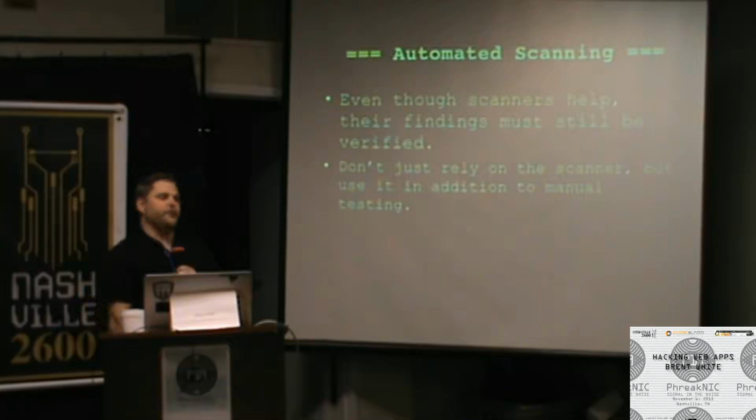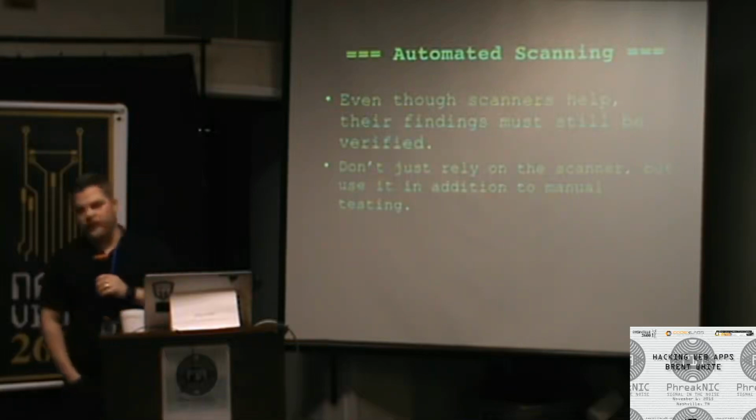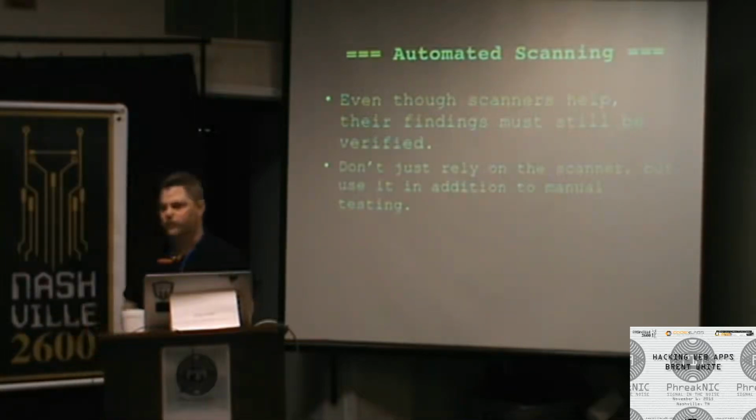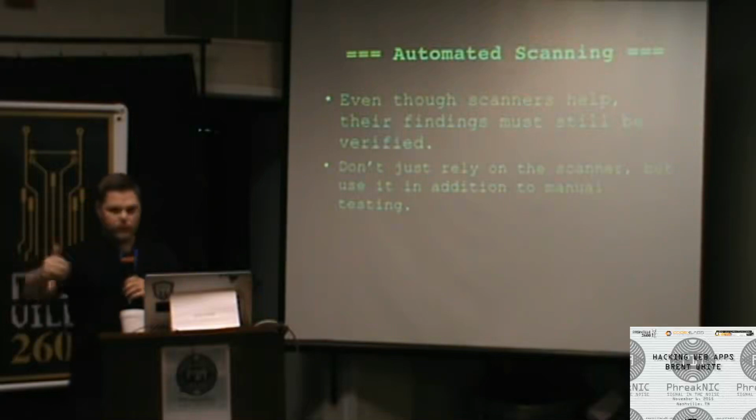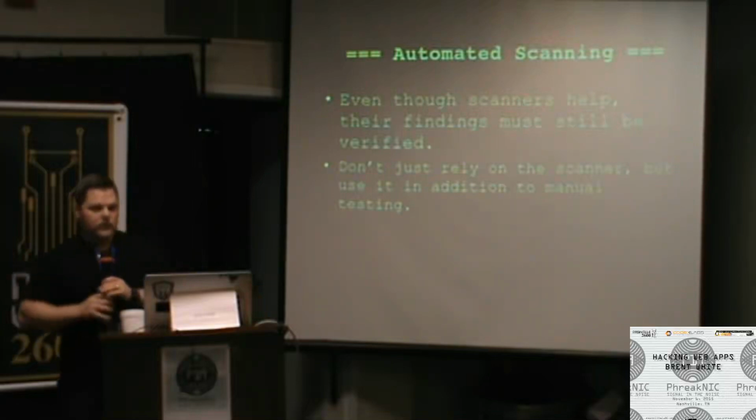So you have to go through and manually verify all of the results from these automated scanners if you're going to use them. A lot of times the scanners will have a button built in where you can replay the attack and see the response more in depth. That will help you determine right away if it's a false positive or not.